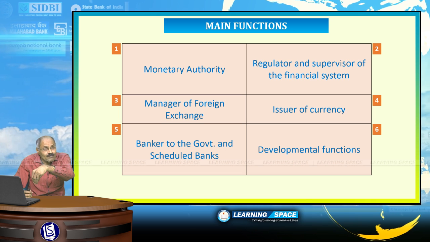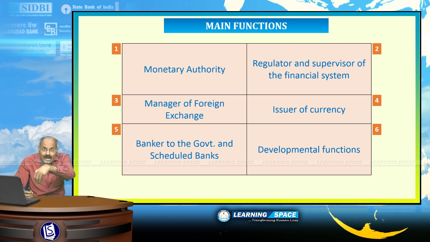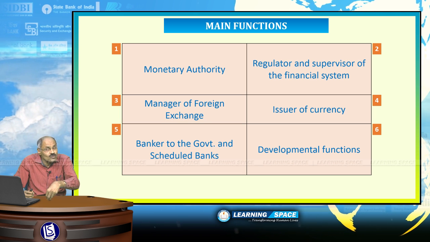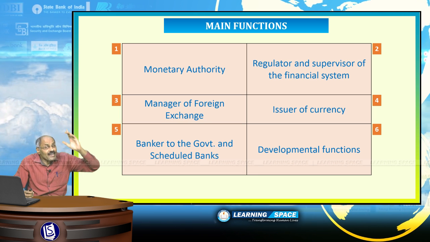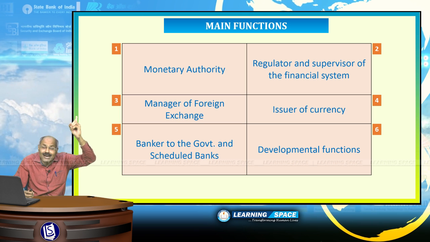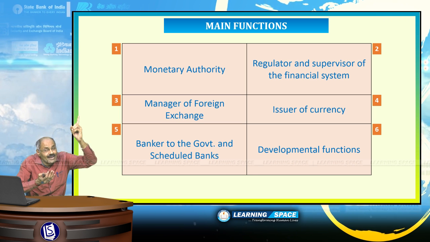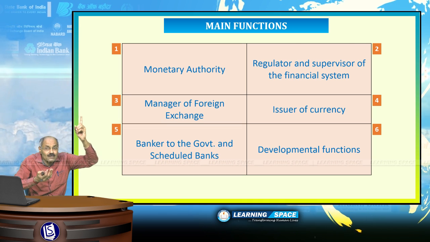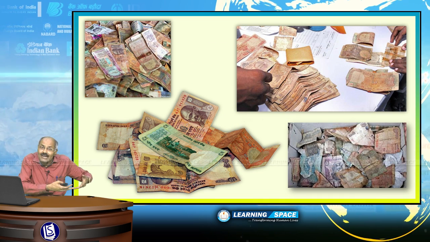Issuer of currency. Here I would like to tell you few points. The design and the requirement of currency notes will be decided finally by central government, but recommended by Reserve Bank of India. How many currency notes are required to replace the soiled notes?